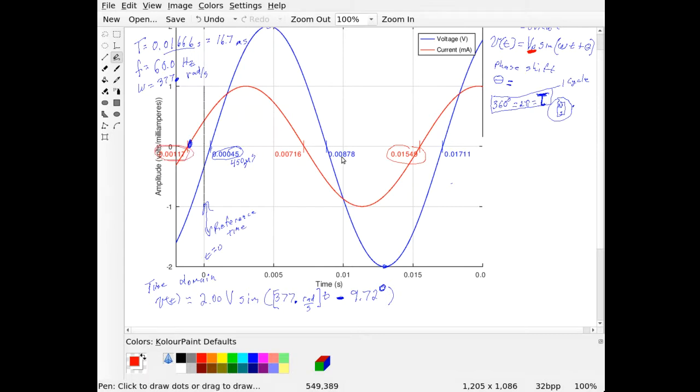We know the period is the same, but we have to find the phase angle, because in AC circuits, the phase angle is quite often different for the current than it is for the voltage. And so what happens is, and I mentioned this last week, we have something we call Eli the Iceman.